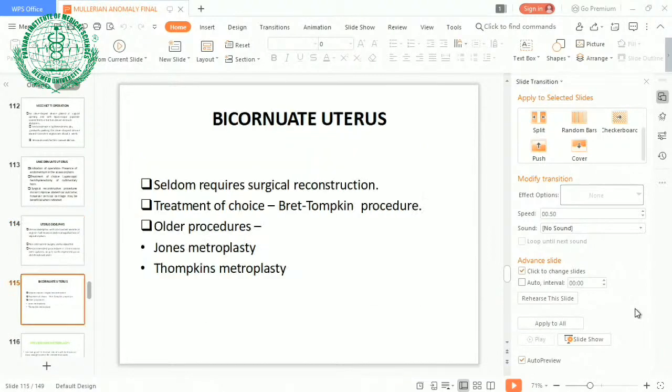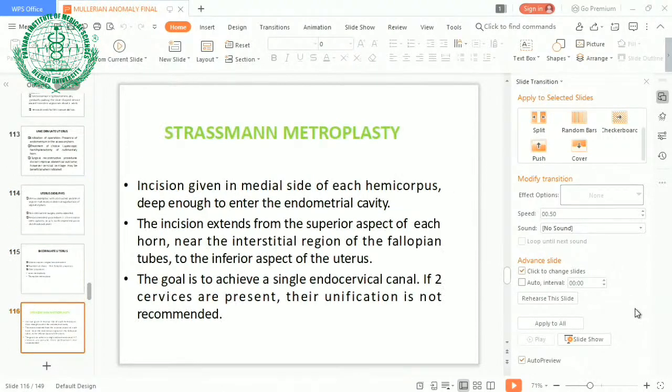So didelphys and bicornuate uterus, you have the same. Strassman metroplasty: an incision is taken on the medial side of each hemicorpus, deep enough to enter the endometrial cavity.